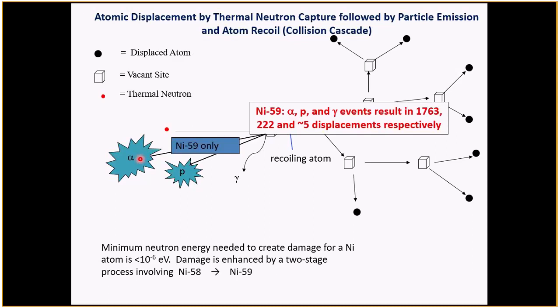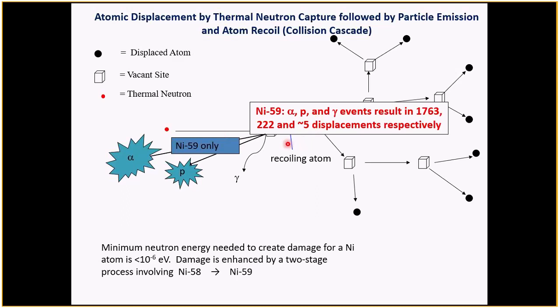In nickel 59, the alpha particle emission creates something like 1763 displacements. Of course, it's not going to be exactly that, but of the order of that amount. The n,p reaction creates 222, and the n,gamma is 5.